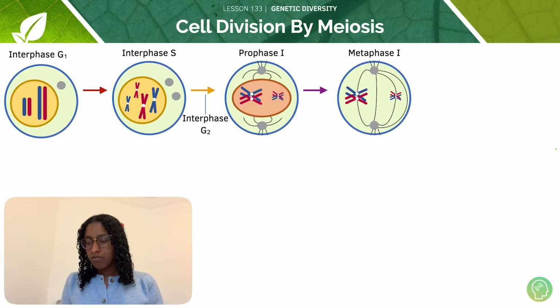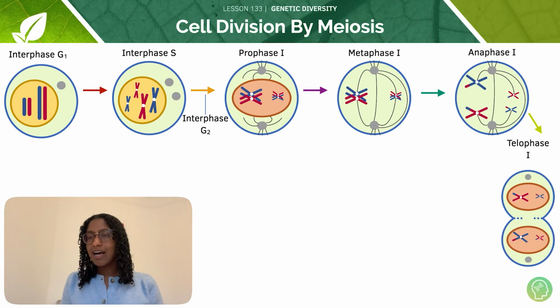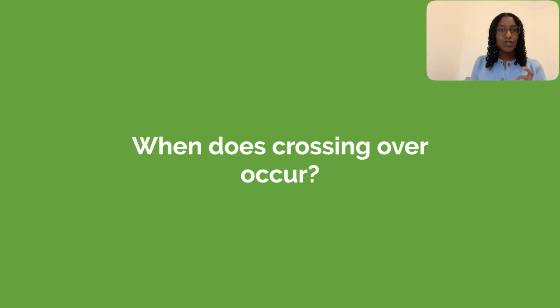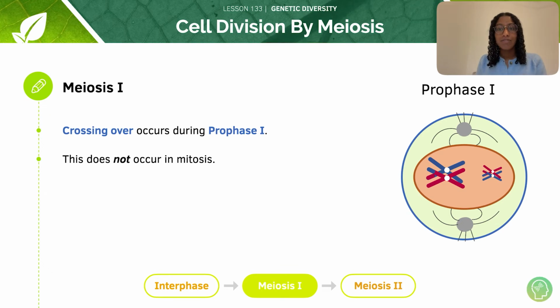Now, we've been through meiosis I, and we enter meiosis II. Now, before we go on to just recap meiosis II, I want to draw upon something that happens in meiosis I, or specifically in prophase I.